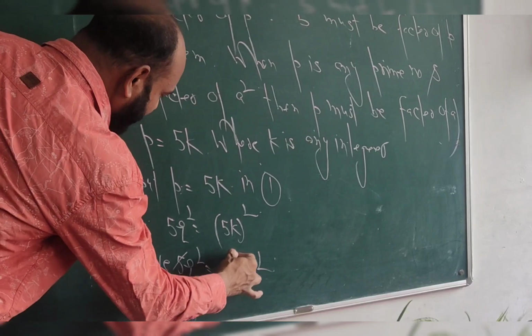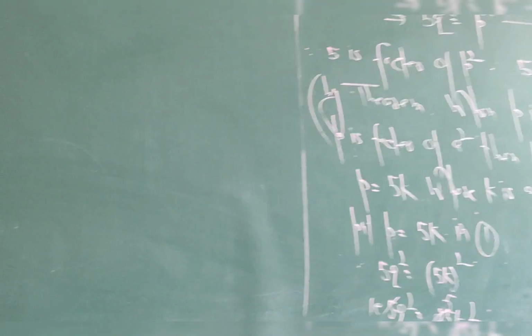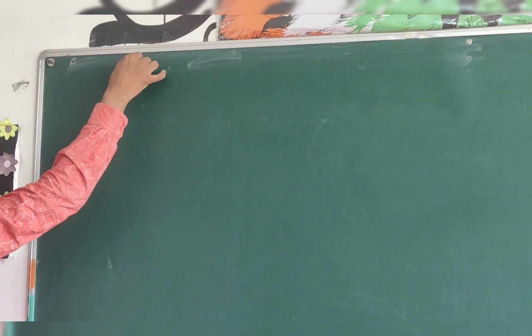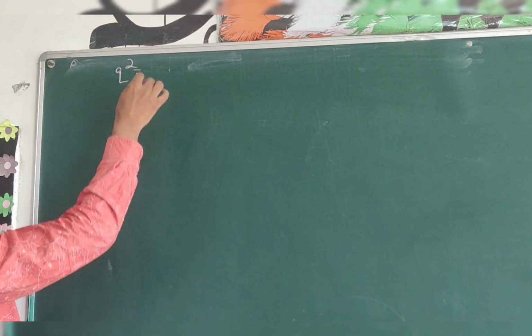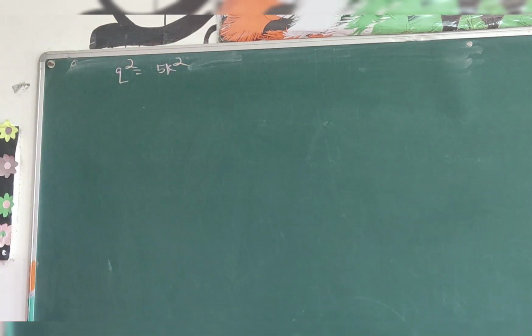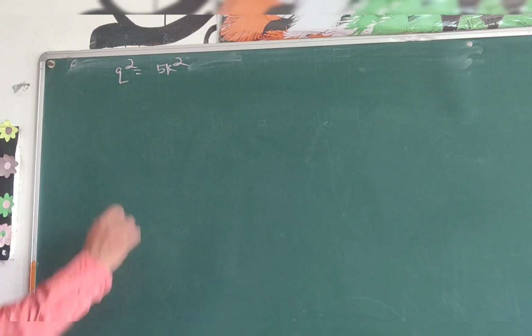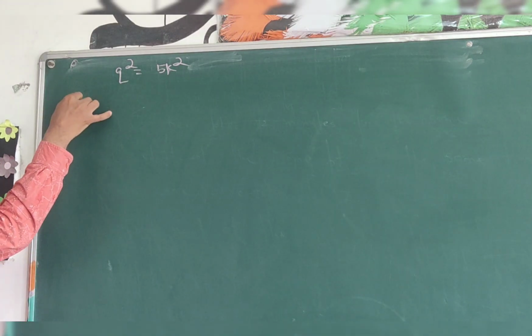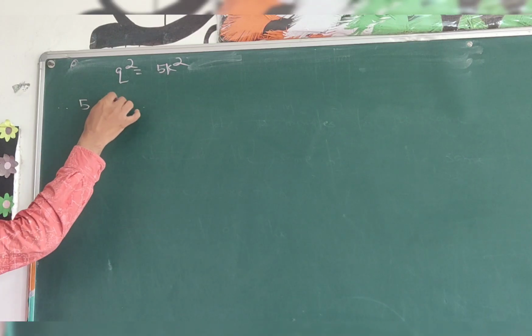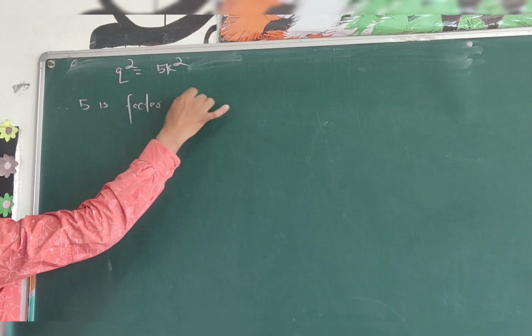And by cancelling we get q square is equal to 5k square. And we see here 5 is also a factor of q square.